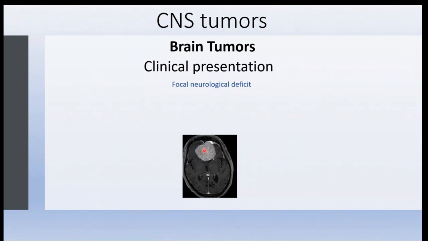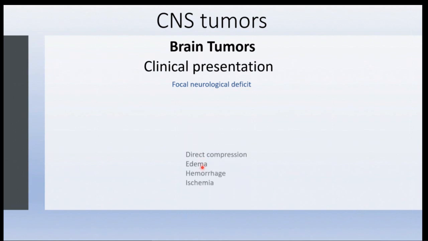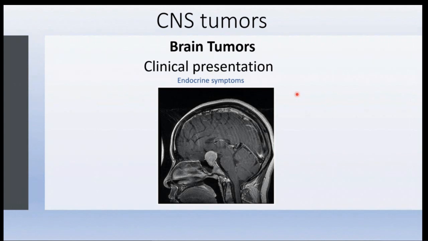People will think they are getting older, or they are having psychiatric problems. And at the end, they're actually having a frontal tumor that is compressing the frontal cortex, and that's why they are having all these neurological dysfunctions and personality changes. So it is direct compression, edema, hemorrhage, and rarely ischemia that can cause the focal neurological deficit.